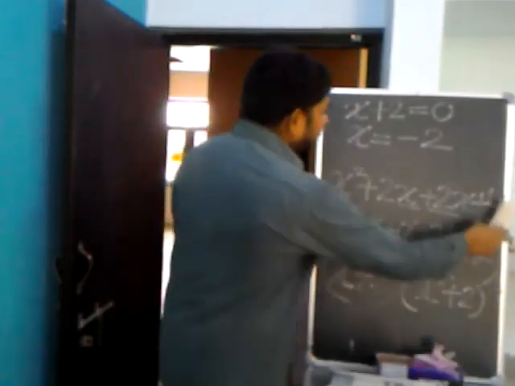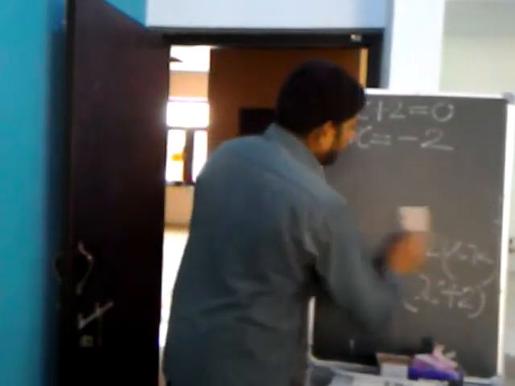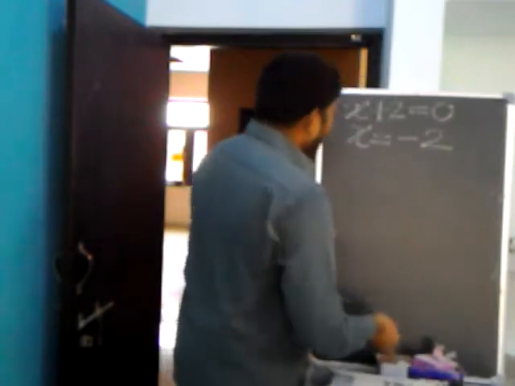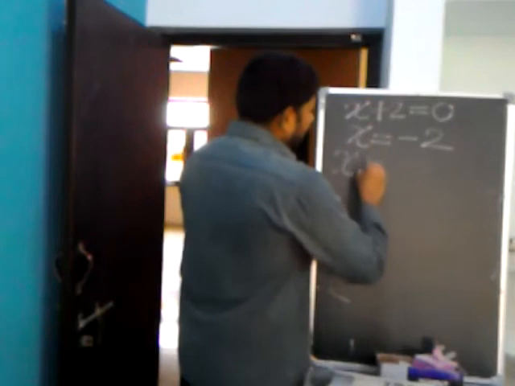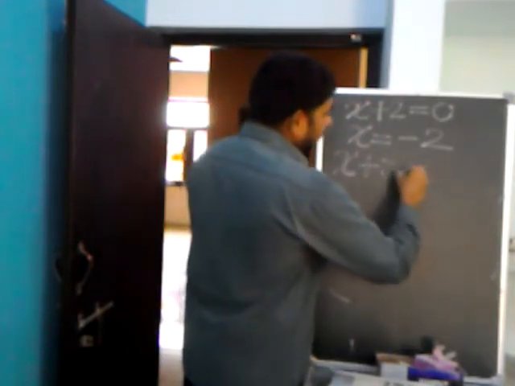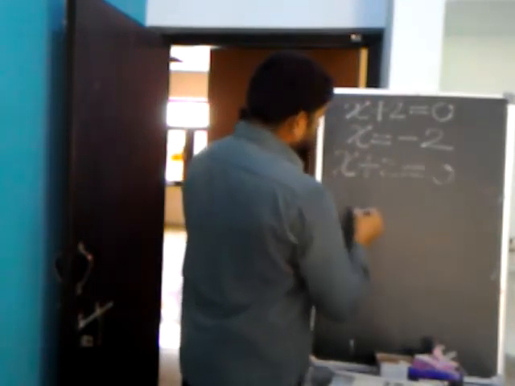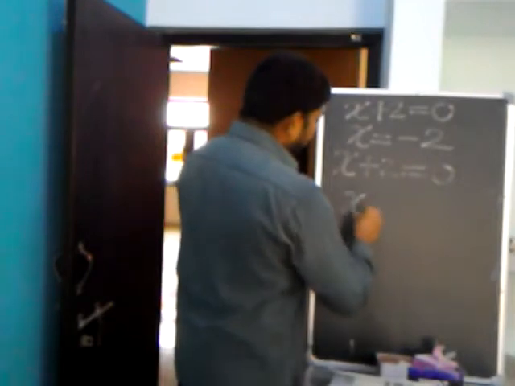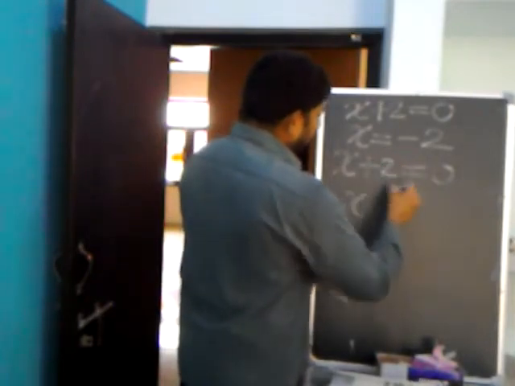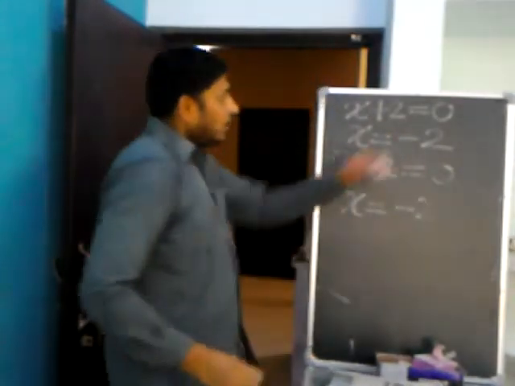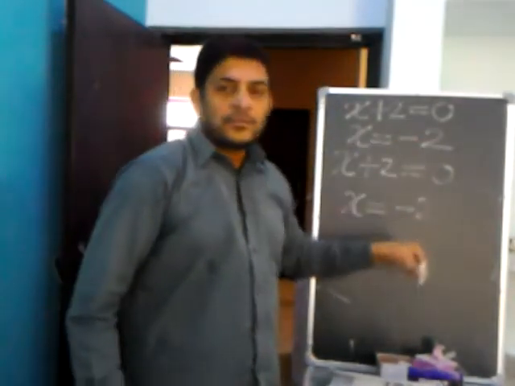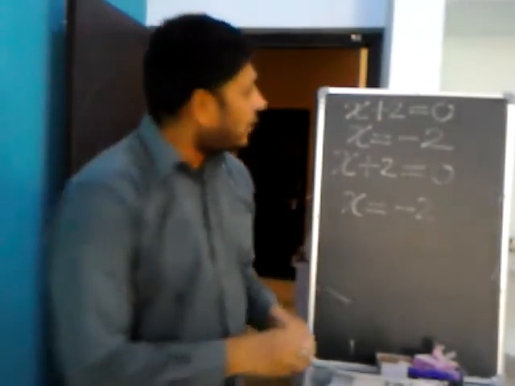Similarly for the second one also, x plus 2 is equal to 0, or x is equal to minus 2. Now these minus 2 and minus 2 are called zeros of the polynomial.